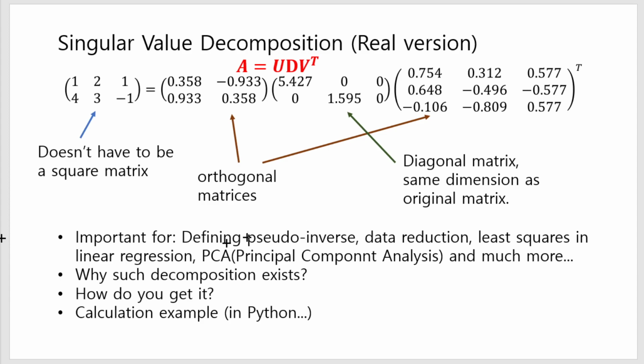Okay. Now, in this video, I want to explain why such decomposition exists and how you can get such decomposition. And at the end, I'm going to show you a calculation example in Python. Python is a computer language, but don't freak out if you don't know any computer language.